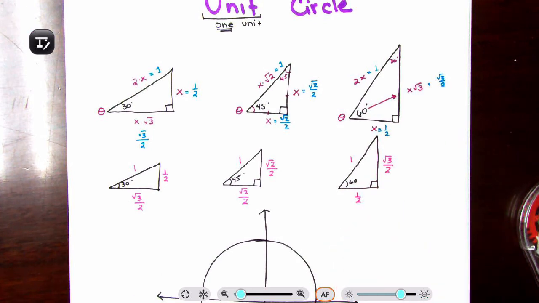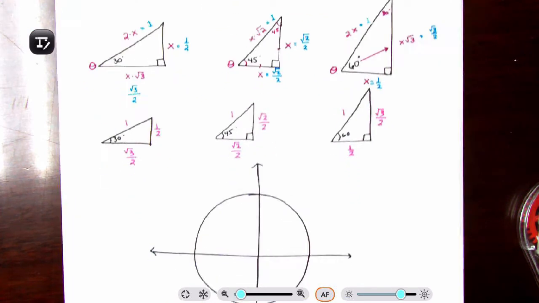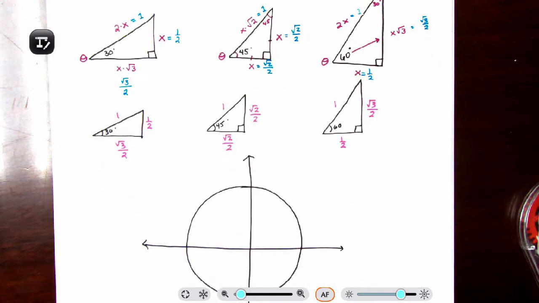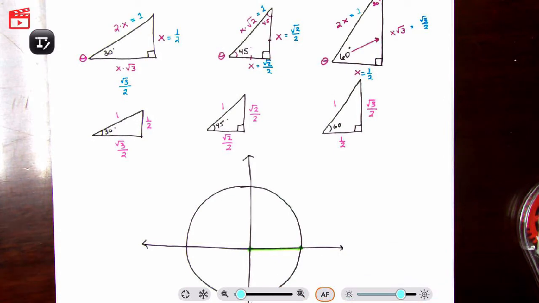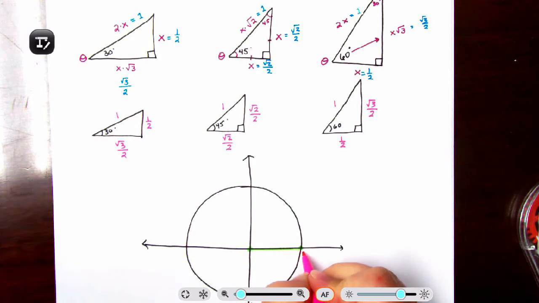Okay. Again, why does this matter? Well, these triangles are extremely important because of their degree value. We have a 30, a 45, and a 90 degrees. So if we look at the unit circle, the unit means 1, right? 1 unit. The distance from 0 to any point on that circle is going to be 1. So here's 1.